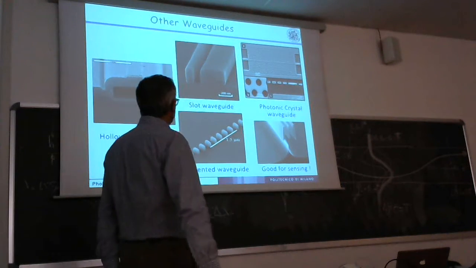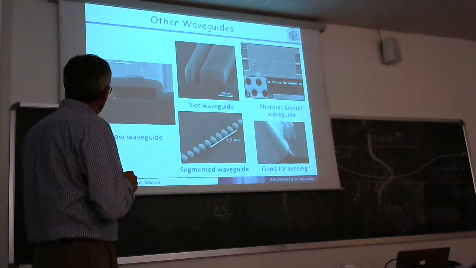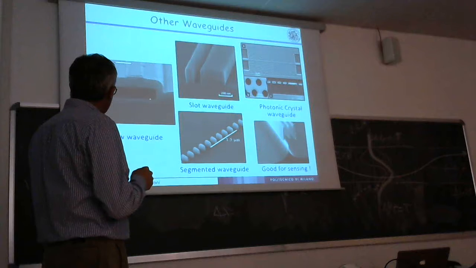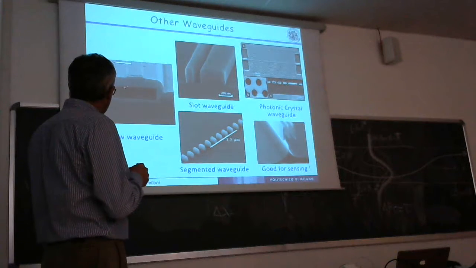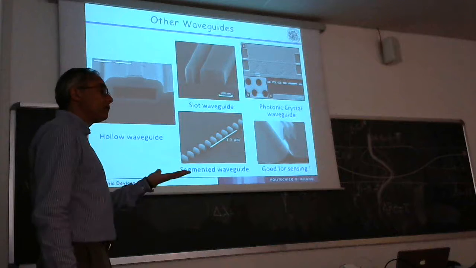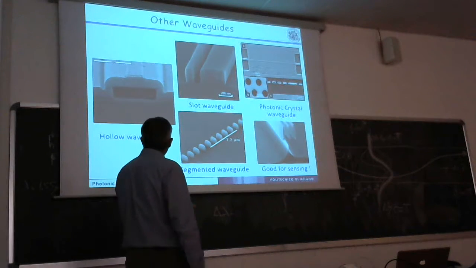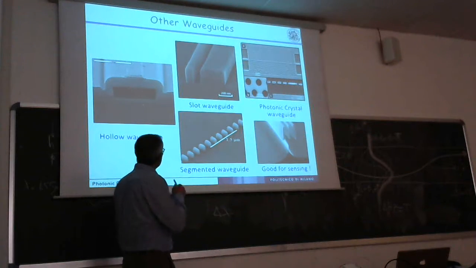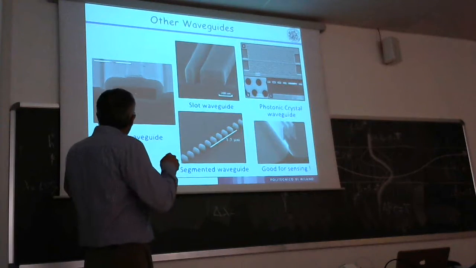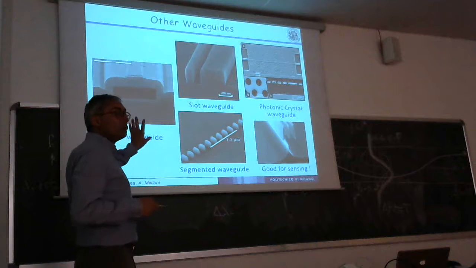And another kind of waveguide, this is a very interesting one, is a hollow waveguide. So the core is basically this empty space, and this is the cladding. You see here a sort of multilayer that is useful to confine the light. And this is an extremely interesting waveguide because imagine to let some liquid go through.